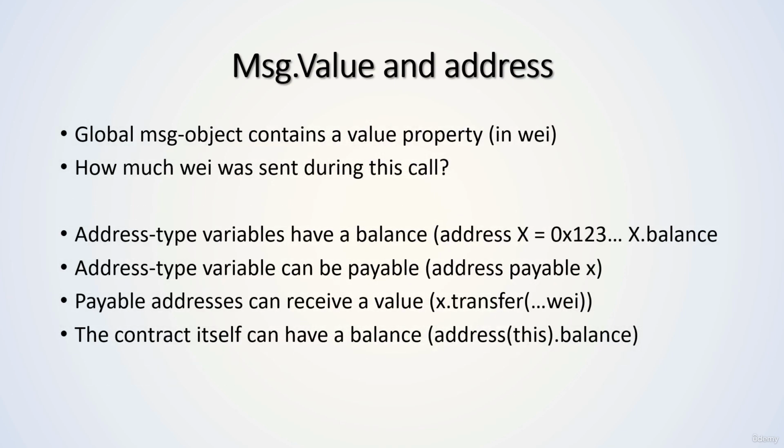Then we quickly talked about message value and address. The global message object contains not only a sender, but also a value property, and that is in wei. The question is how much wei was sent during this call.